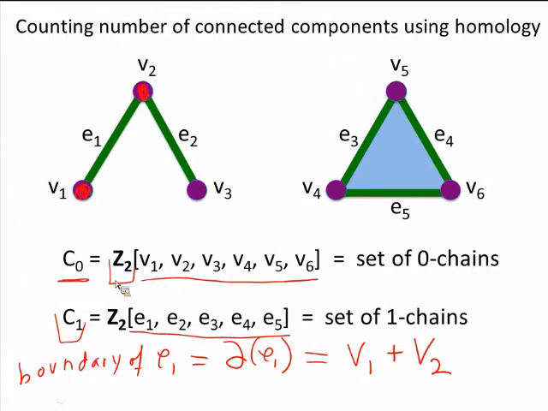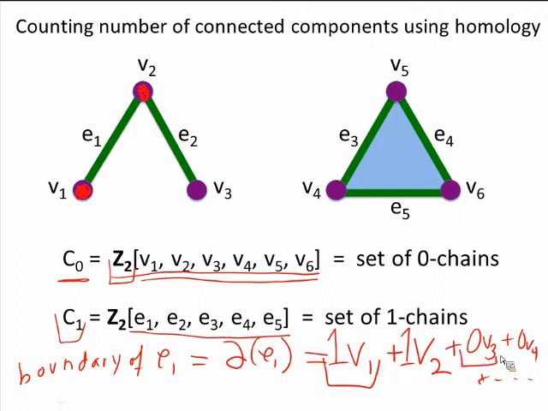I did say formal sums with Z2 coefficients. So my coefficient for V1 is 1, my coefficient for V2 is 1. I have 0V3 plus 0V4 plus etc. So for our purposes in terms of clustering, Z2 is perfectly good because all I need to know is, do I have it, in which case I have a coefficient of 1, or do I not have it, in which case I have a coefficient of 0.